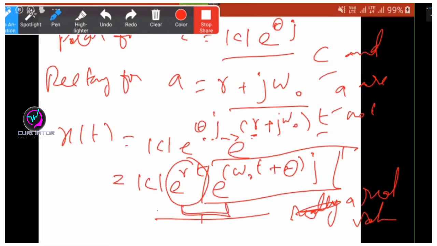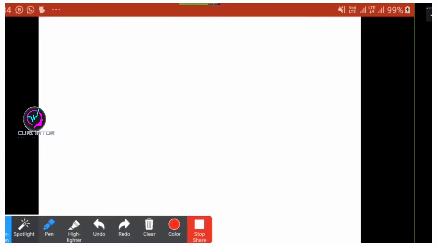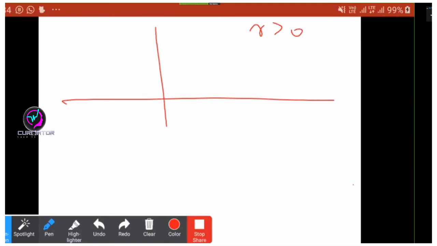Let us see that as a graph now. In that equation, if r greater than 0, then our graph will be like this. This is just a reference mark for me to draw a graph correctly. This is the actual graph. Here this is x of t, this is t, this is 0.